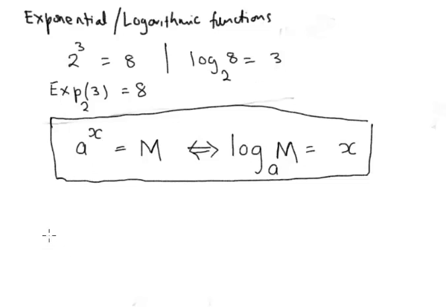So this is what we can do. If we've got A to the log base A of M, what have we done there? We've applied log and cascaded it with the exponential.